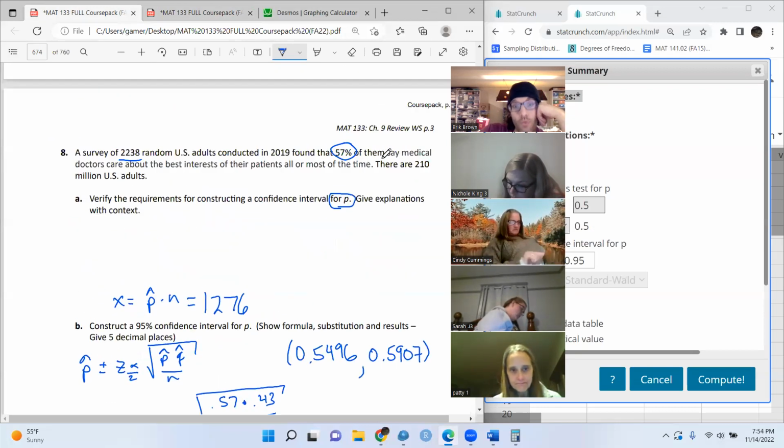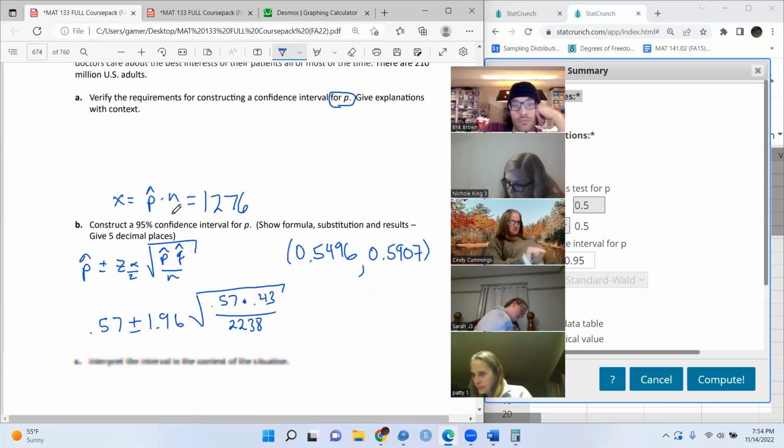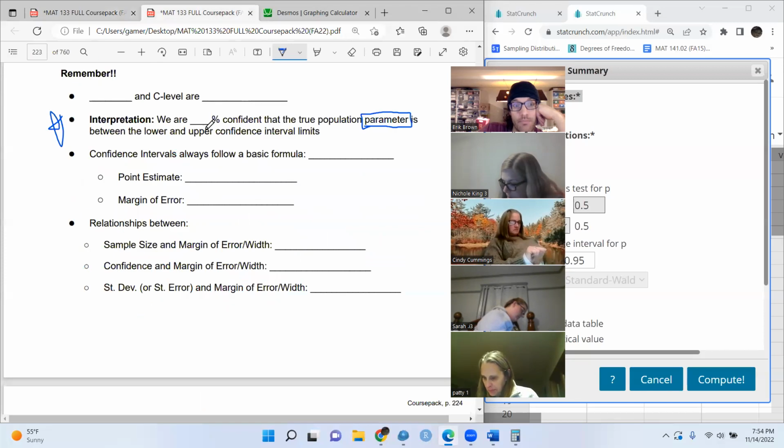You don't need to write every single one of these words. You could just say doctors who care. So that's basically copy and pasting this and replacing the word parameter with what it is, also putting in the numbers for these.